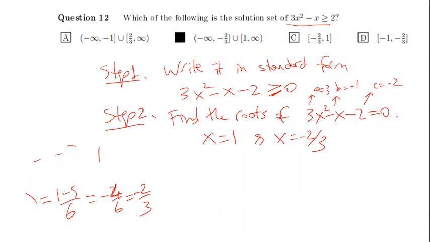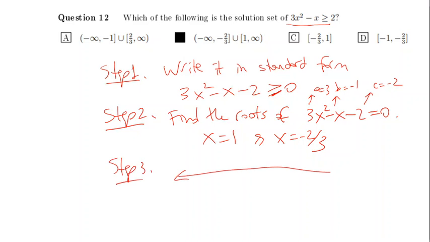Now the next thing is, step 3, we can make the real line and put the roots here. Now after this, we take some values here. We take minus 2, for example. Let x equal to minus 2, and we know it's less than minus 2 over 3.